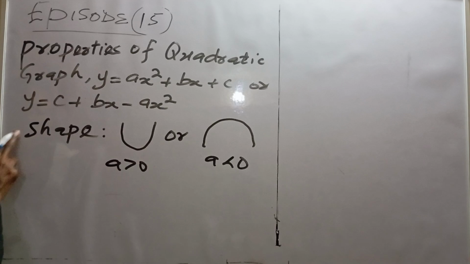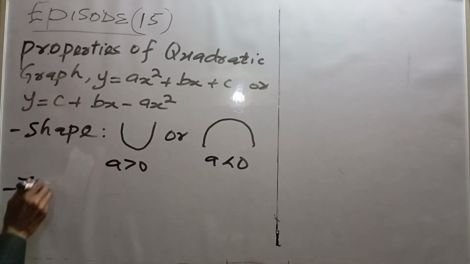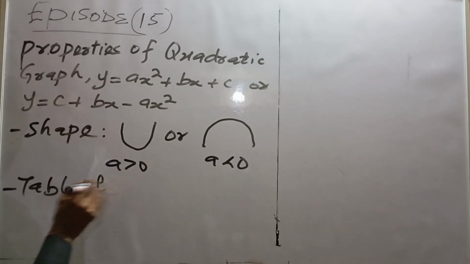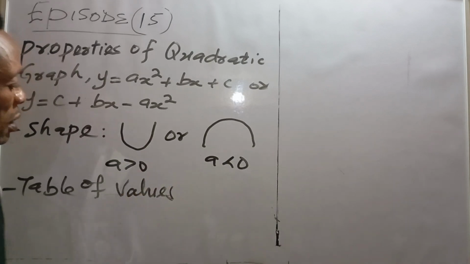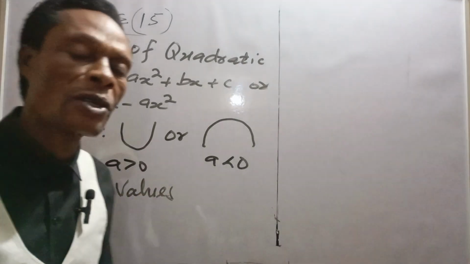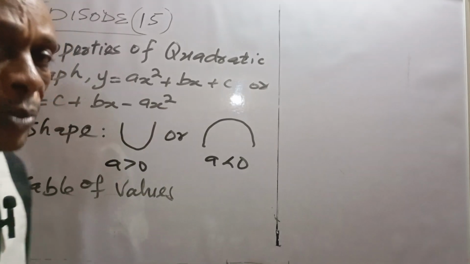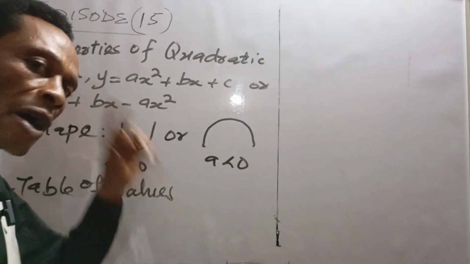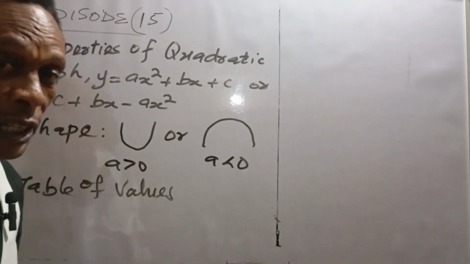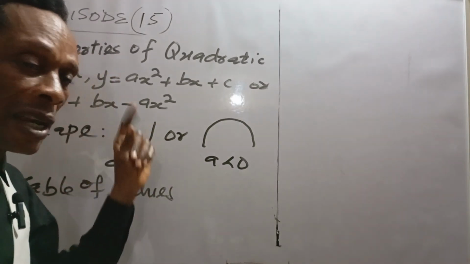Then the second thing that we shall consider is the table of values. So you also require tables when plotting a quadratic graph. Even in our previous episode 14, you also required a table for the linear graph.